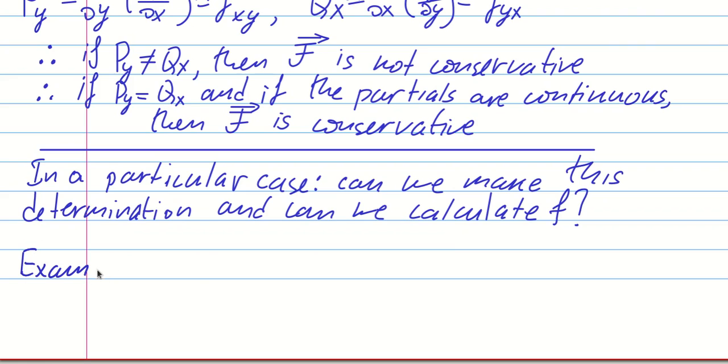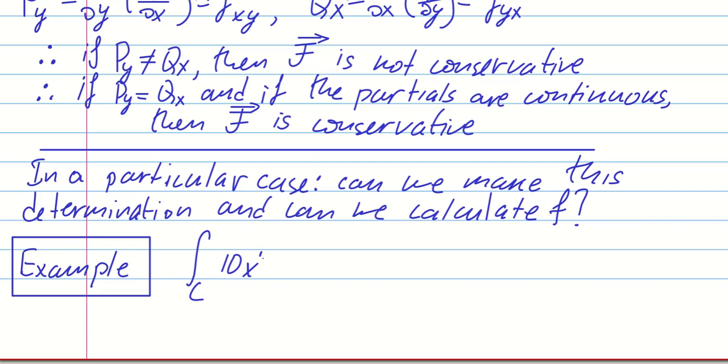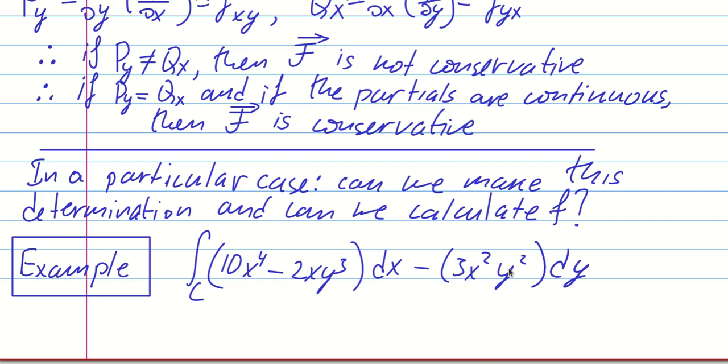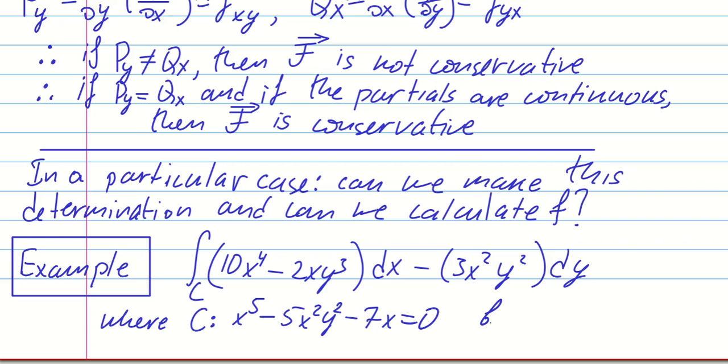So in our example, we have a line integral of (10x^4 minus 2xy^3) dx minus 3x^2y^2 dy, where C is given by x^5 minus 5x^2y^2 minus 7x equal to 0 between (0, 0) and (3, 2).